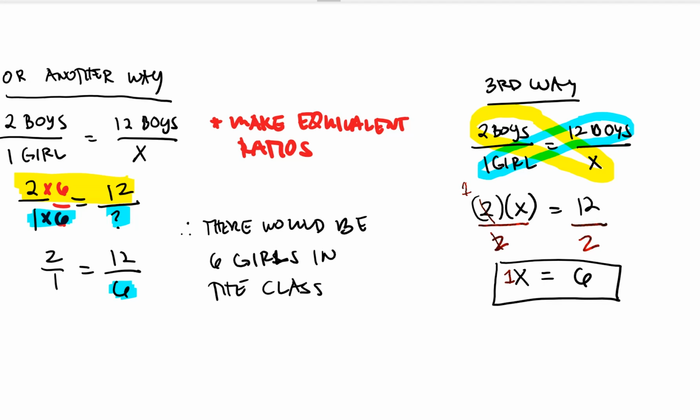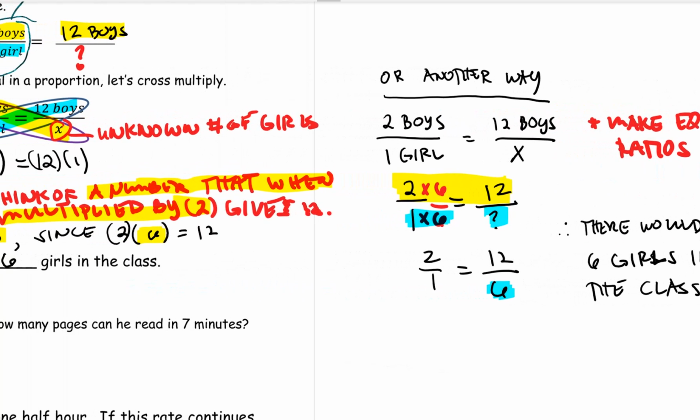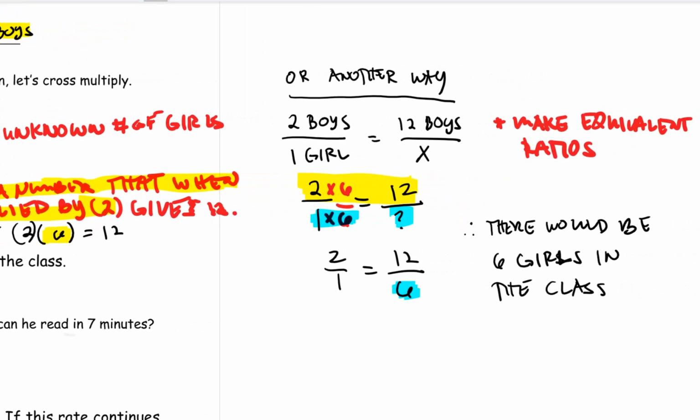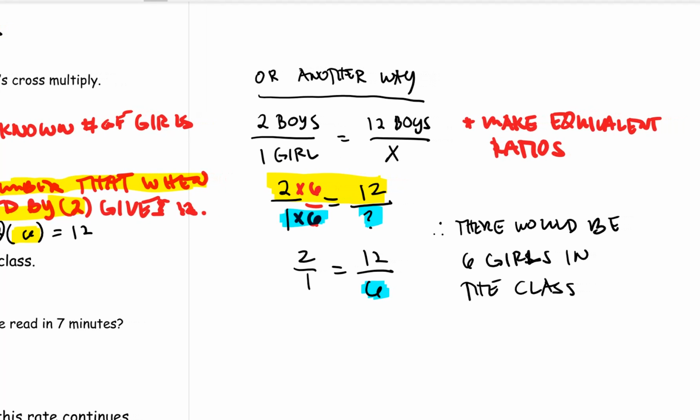So the third way is more general, but if you just started out with proportion, you might as well master first the first way and the second way of doing it. Although in the next or succeeding examples, you might be using the third method more.